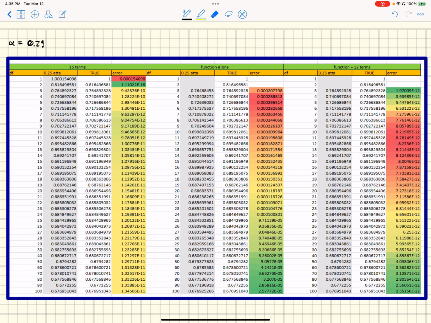But what's nice is you can actually tack onto that function those middle terms to get even more precision. And in fact, when you start tacking on those, and this is the right column I'm talking about, and I tack on 12 additional terms, you get extreme precision.